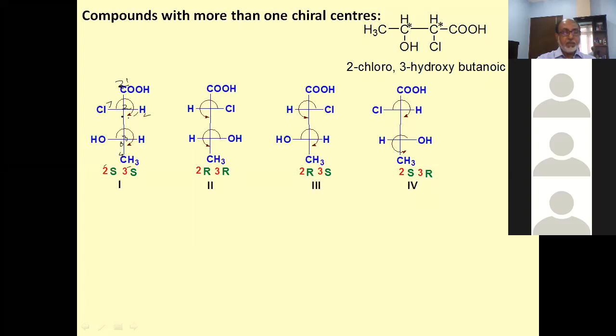So 1, 2, 3 is this direction, and it should be the opposite direction because the priority 4 group is on the horizontal. So this is S, this is also S.